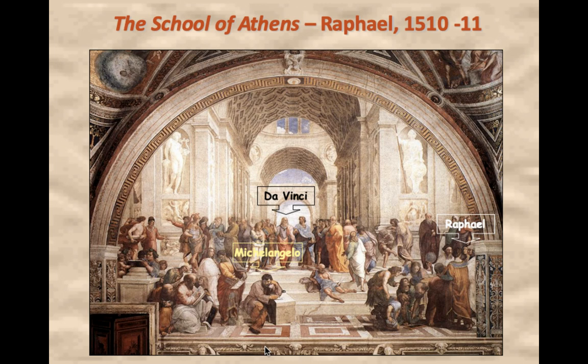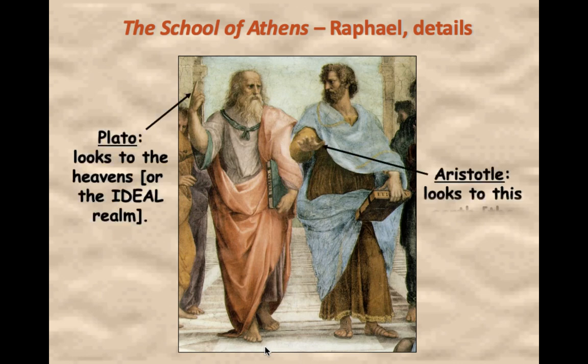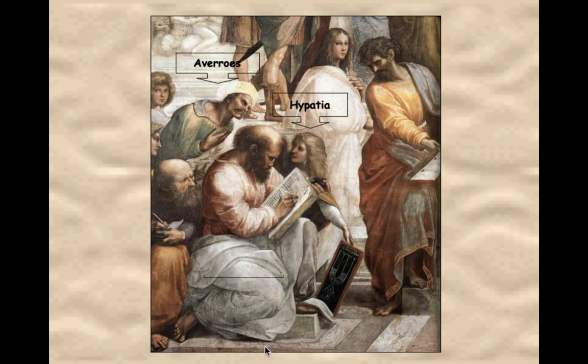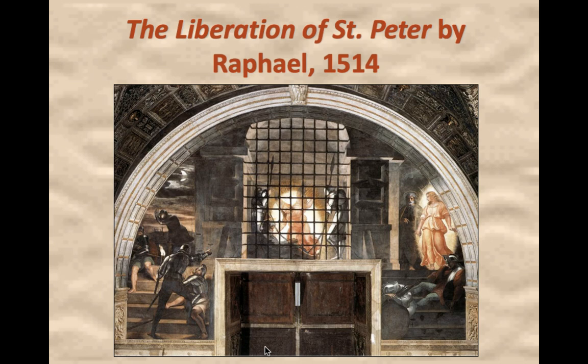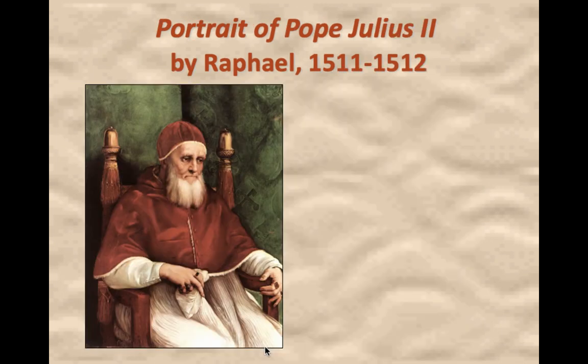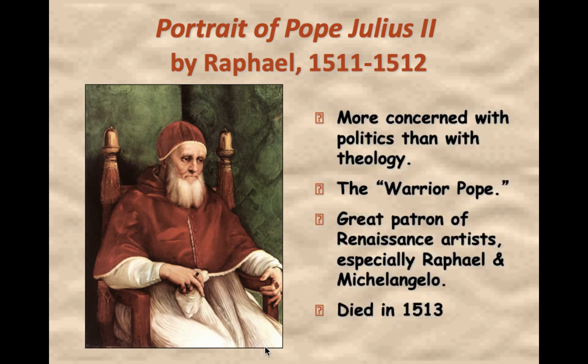Again, the light touch of the paint, and that will be important when we get to our look at our Northern Renaissance painters. There's Plato, Aristotle, Pythagoras, Euclid. That is up at the top, the Liberation of St. Peter. Don't know that I have many more in this one to show.